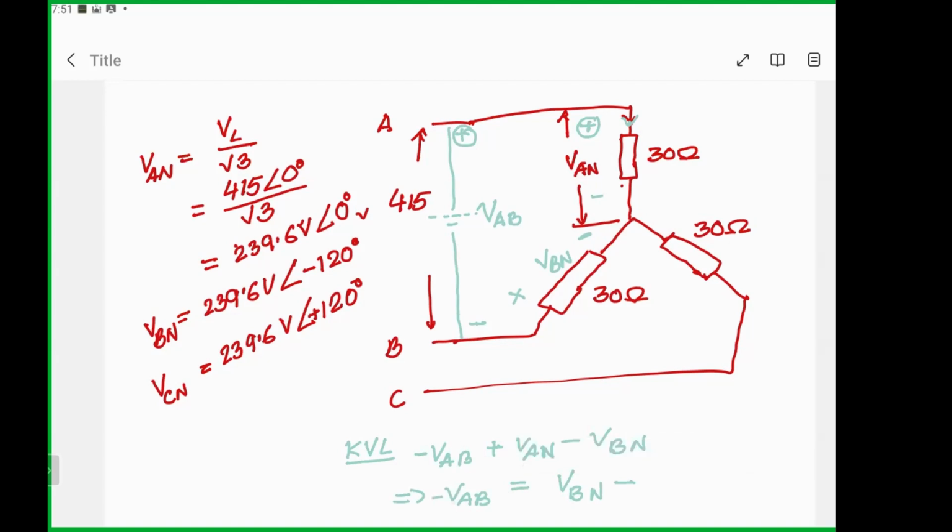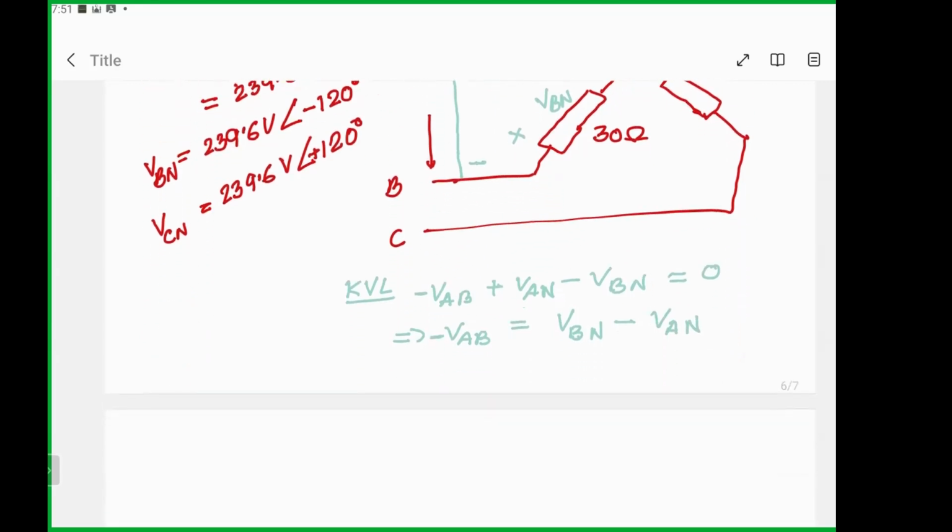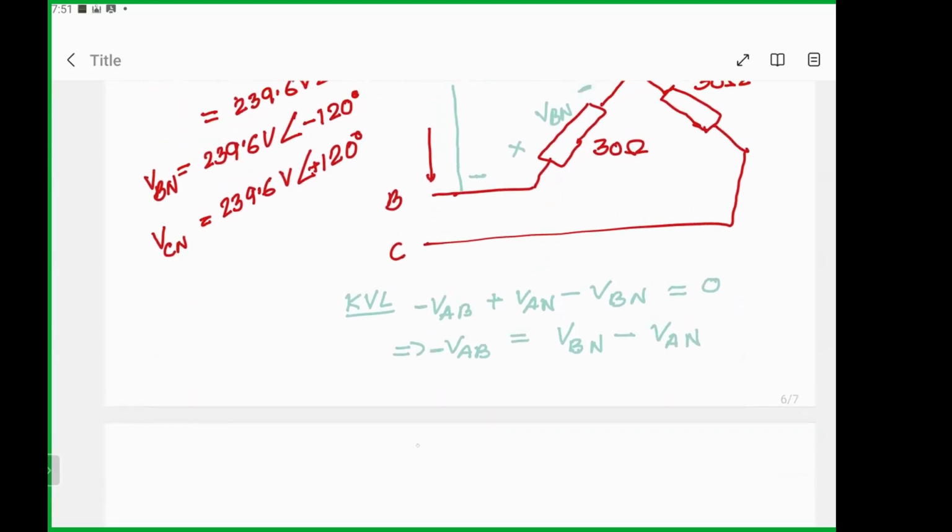This one is going to the other side, so this should be equal to 0. Going to the other side it is minus, so then this is VAN. Now if I remove this minus sign, these are all vectors. So VAB should be equal to VAN minus VBN.